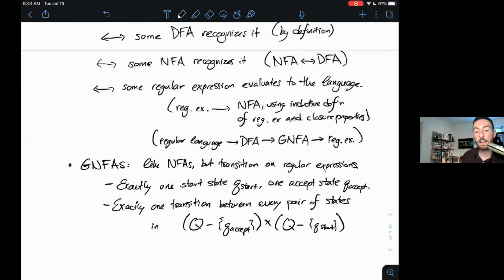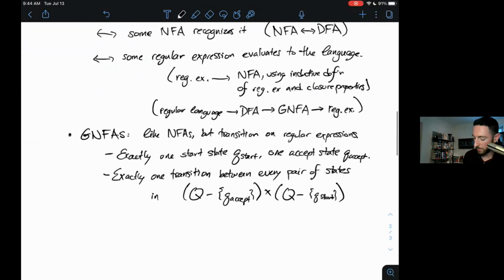That is, for every pair of states in our GNFA, which we can make by drawing one state from Q and one state from Q, excluding transitions going out of the accept state or transitions going into the start state, and also including pairs of the same state repeated twice. Any pair in this set has exactly one transition between them.